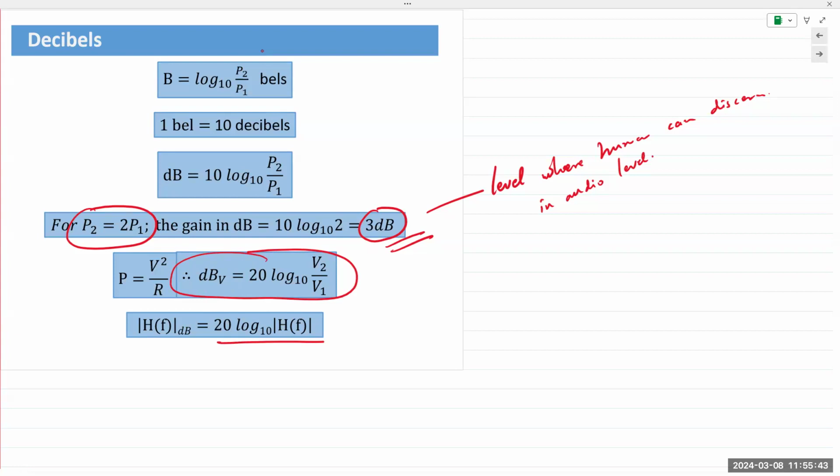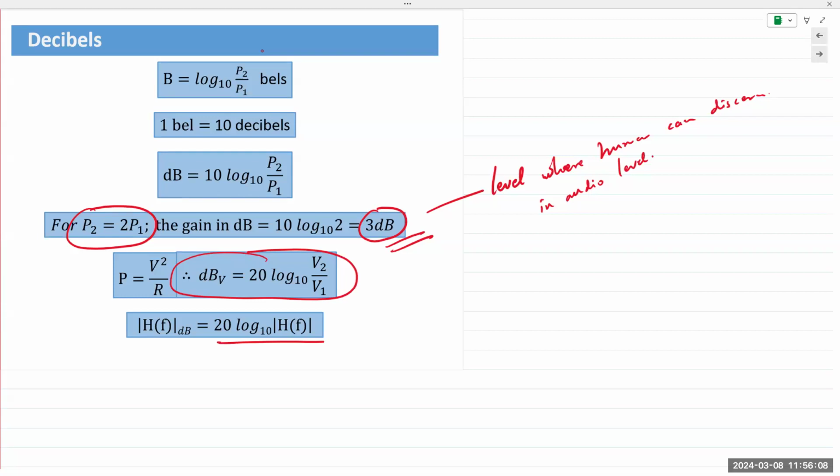So if you wish to compress and describe H(f) in terms of decibel values, then it's 20 times log of H(f). And now we have taken our y-axis values and, using the unit decibels, compressed it down to a very small range.